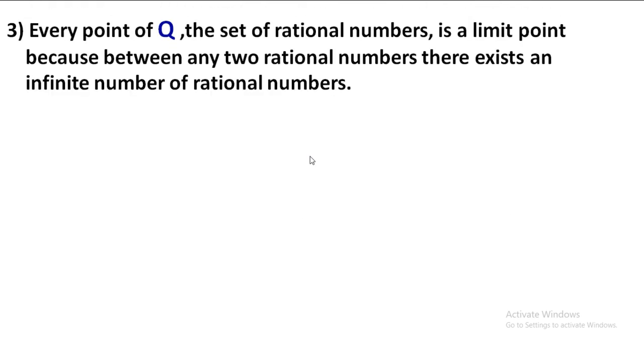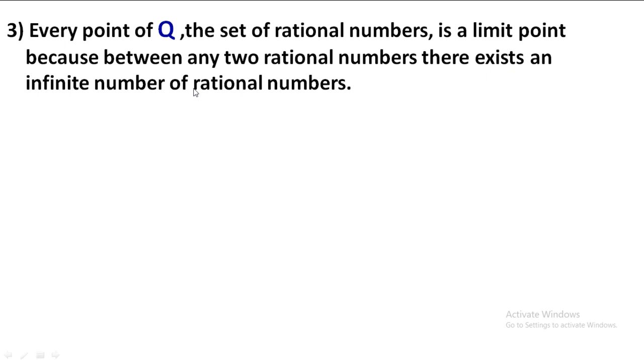Very good. Now see the next example. Every point of Q, the set of rational numbers, is a limit point. Why? Because between any two rational numbers there exist an infinite number of rational numbers.